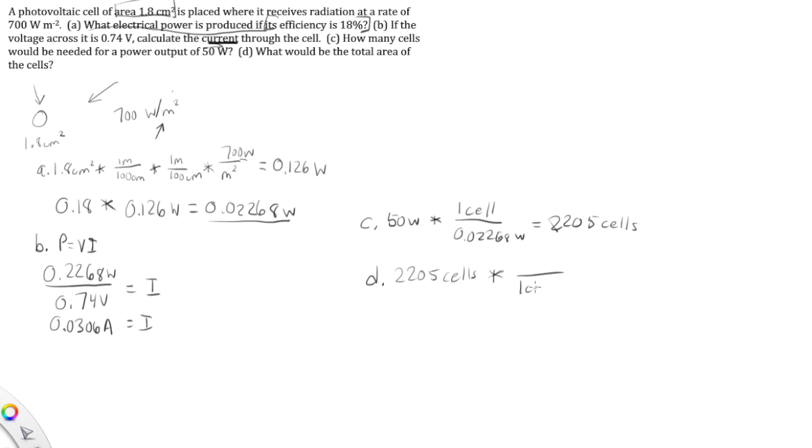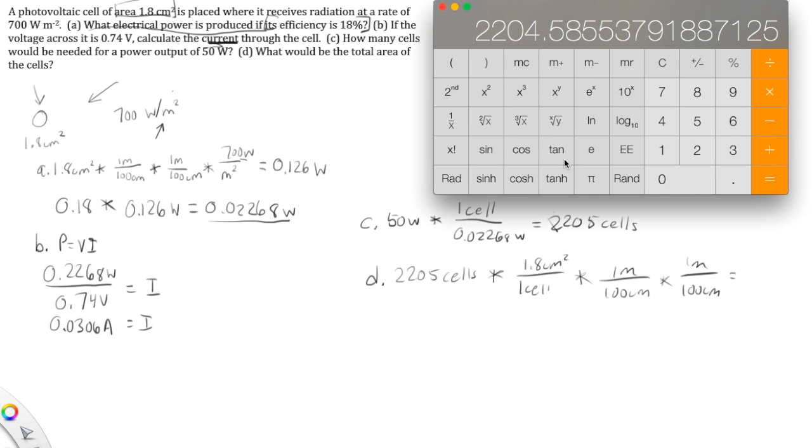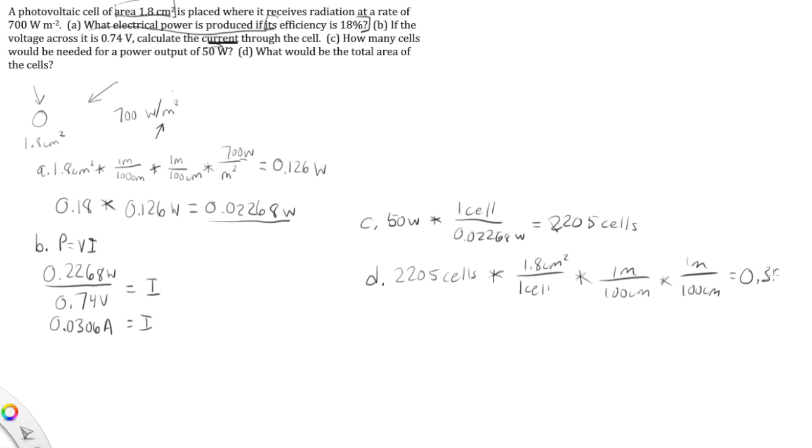So if we do one cell for 1.8 centimeters squared, and then convert it to meters, we take this number times 1.8 and then divide by 100 twice. We're given 0.397 meters squared. And yeah, that's the problem.